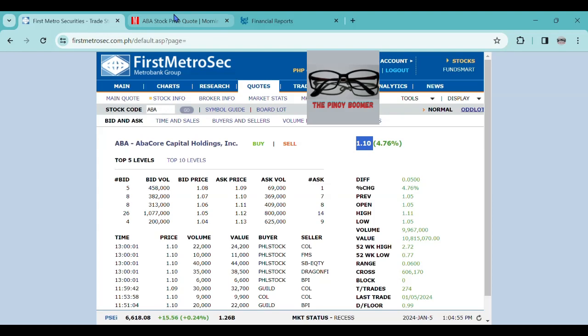And by the way, these figures, these values that I'm using, I didn't just pick them out of the air. These values, these concepts were taken from two books: The Intelligent Investor and The Little Book That Still Beats the Market.